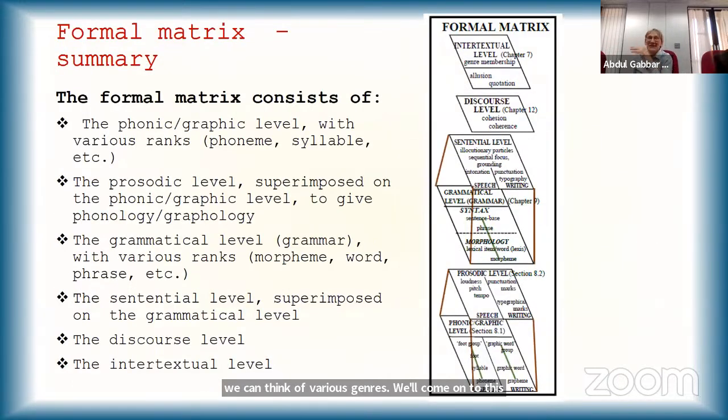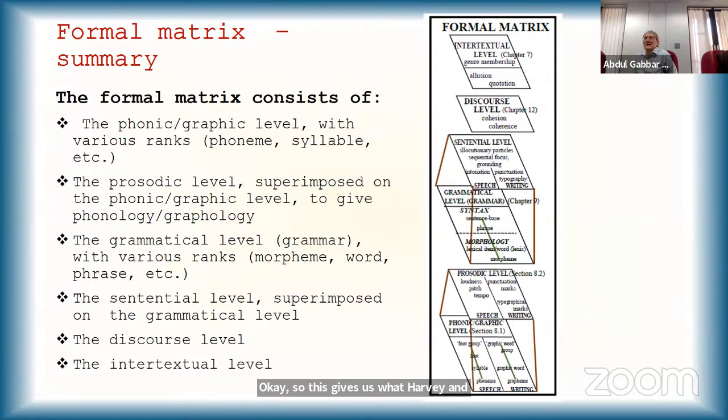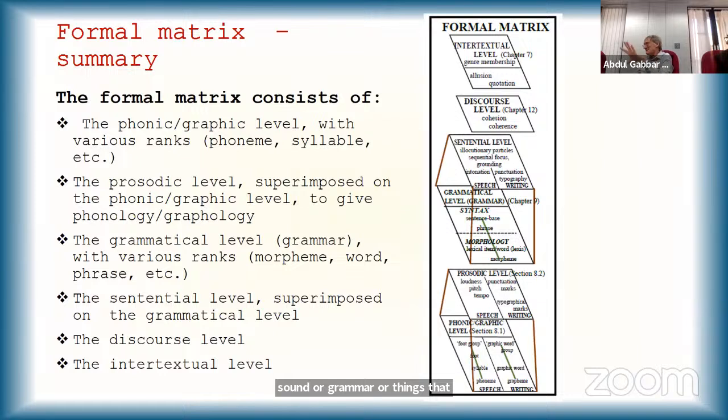Okay, so this gives us what Harvey and Higgins put together as the formal matrix, and I think they do it because they want to say these are elements of text which have form in the sense that I said earlier, that they relate fundamentally either to sound or grammar, or things that are similar to either sound or grammar.